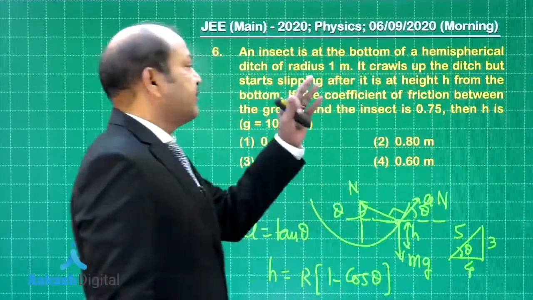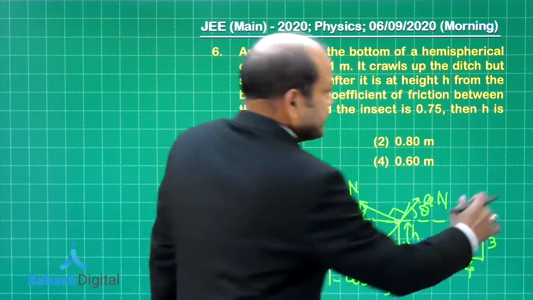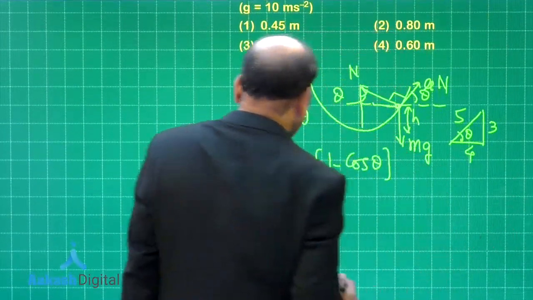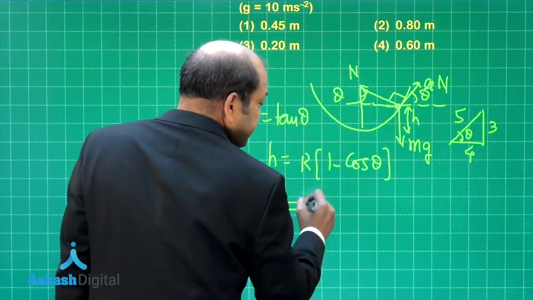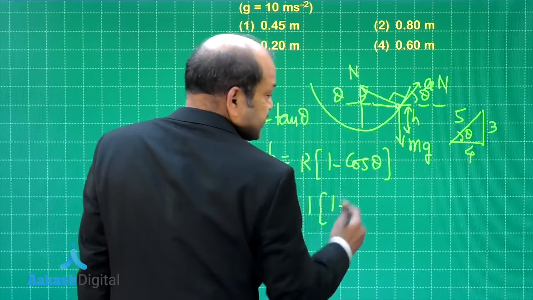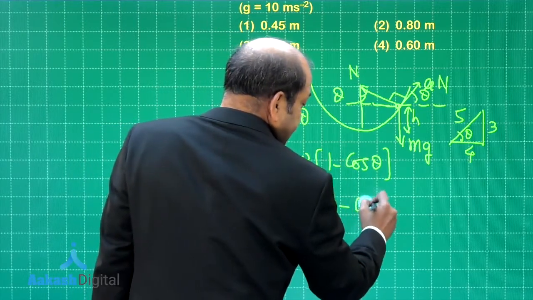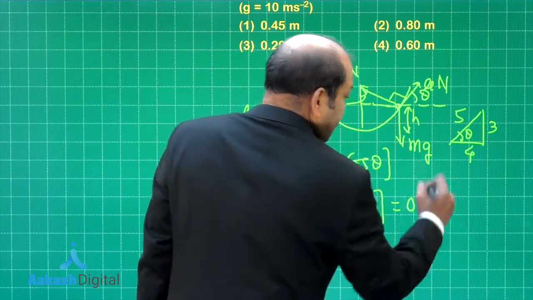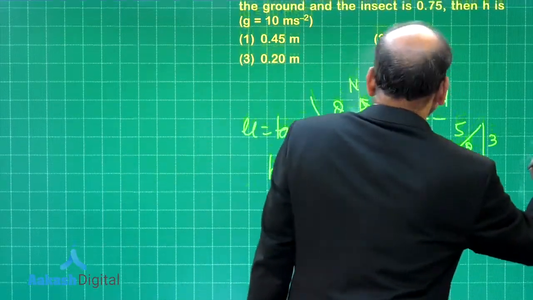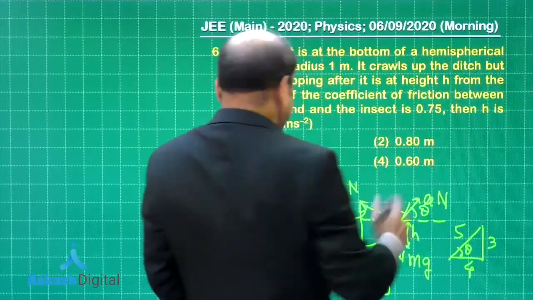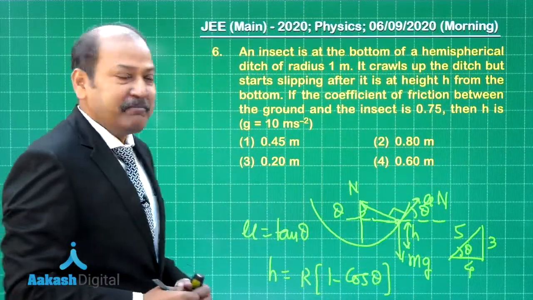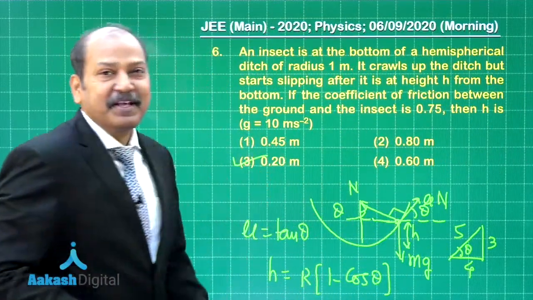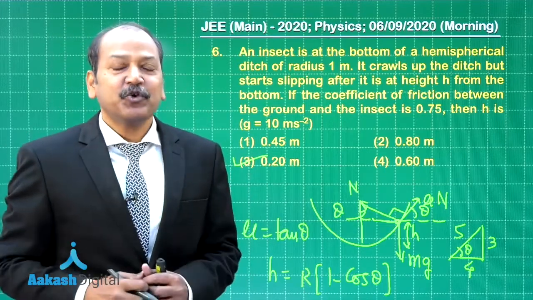Now the radius is given as 1 meter. So let's now substitute all the values to find the value of h. We have 1 meter into 1 minus 0.8. So this is coming out as 0.2 meter. And if we look at the options, well, clearly option 3 matches with our solution. Let's now go to question number 7.